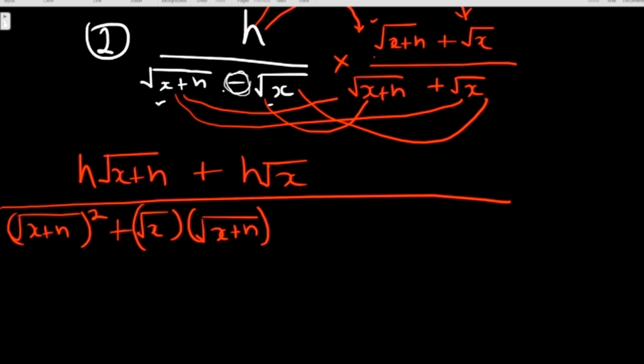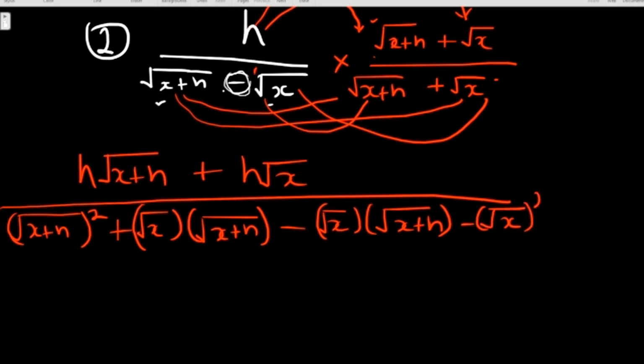Hence, we shall obtain negative root of x times root of x plus h will give you negative square root of x, okay, multiplied by the square root of x plus h. All right. Now let's do for the last one, negative root of x multiplied by root of x. Okay, this and this will give you negative the square root of x all squared. Okay, since they are the same, we square them.